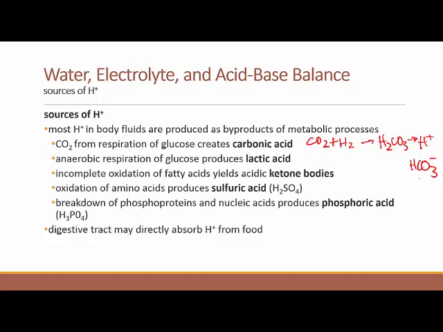When we do cellular respiration to produce ATP from glucose, and we run out of oxygen to do that with, then we go into anaerobic respiration of the glucose, and that produces a material called lactic acid. And lactic acid is acidic because it drops off hydrogen ions.